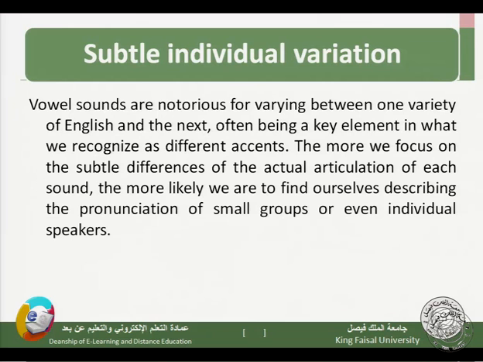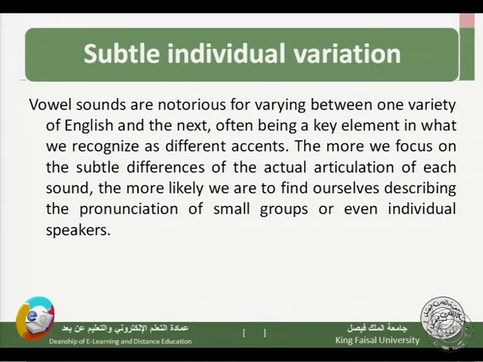Some people produce the same sound differently from each other. One person is different from another. Vowel sounds are notorious for varying between one variety of English and the next, often being a key element in what we recognize as a different accent.